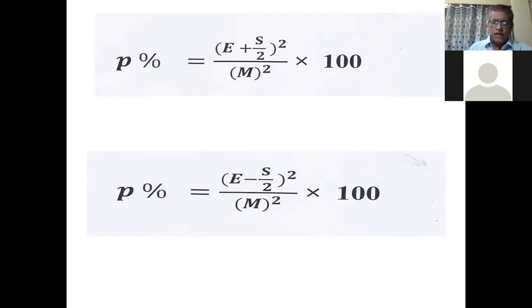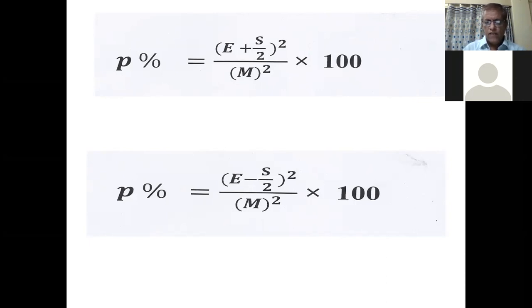So we can conclude that for the same cotton processed on the comber, if we follow counter feed, the noil percentage will be directly proportional to (E plus S) by 2.